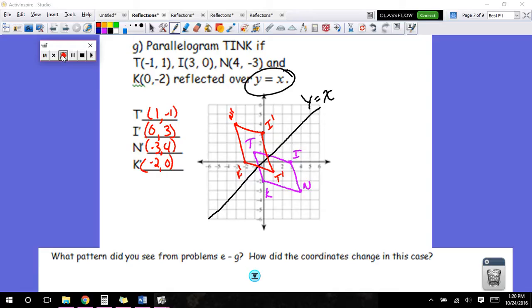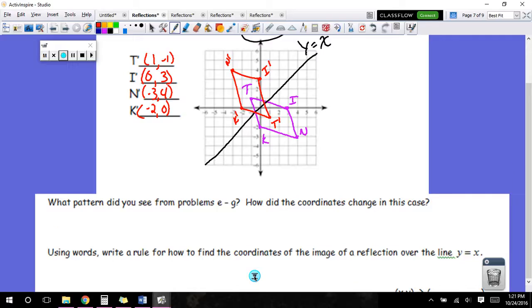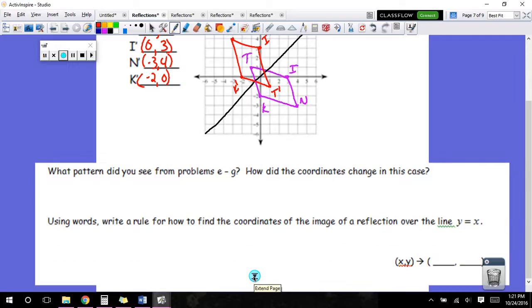Okay, what pattern do you see from E to G? How did the coordinates change in this case? Okay, they're just flips. So we're going to go from x, y to y, x here.